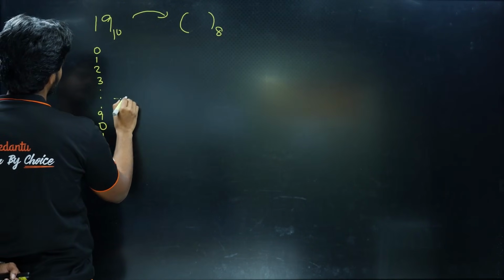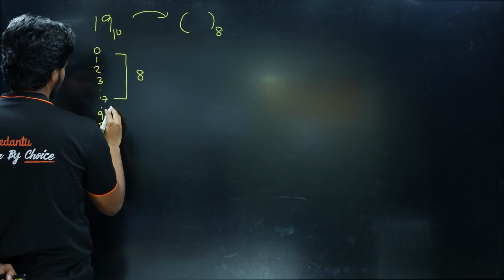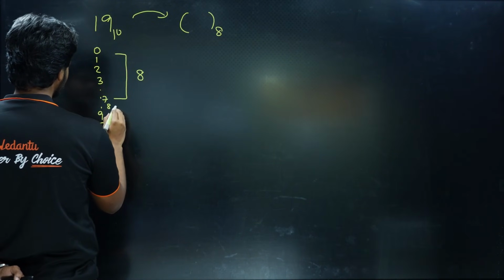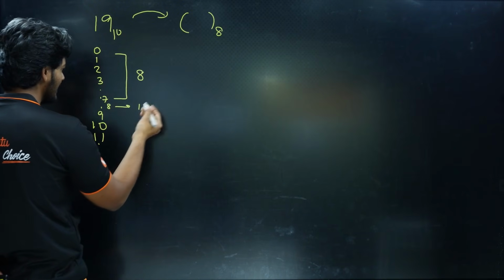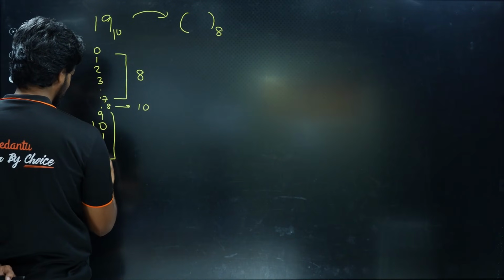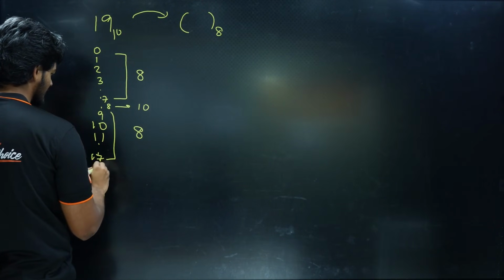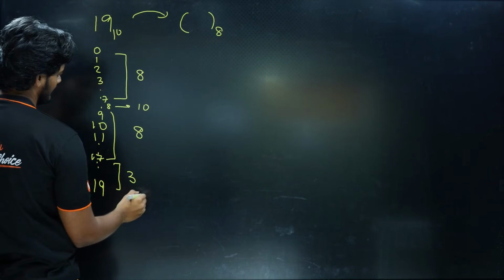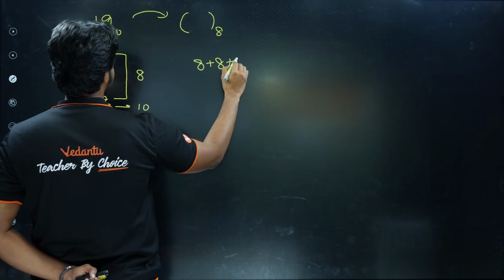So we already till 7 there is an 8. From 8, that is 10 for them. So from 8 till 17 they have another 8, and from 17 till here they have a 3. So it is 8 plus 8 plus 3.